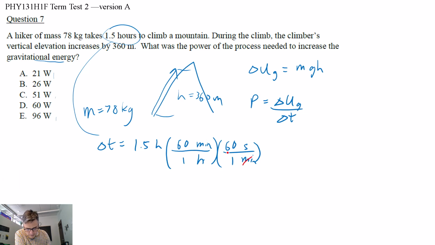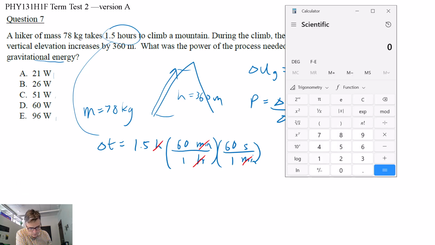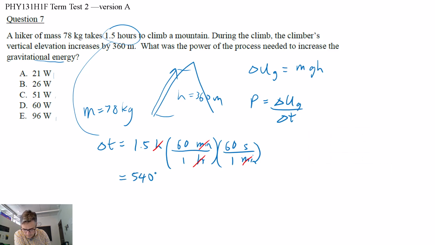This way, minutes cancels with minutes, hours cancels with hours, and we get 1.5 hours times 60 minutes per hour times 60 seconds per minute, 5,400 seconds. So this is going to be equal to 78 times 9.8 times 360 divided by 5,400.